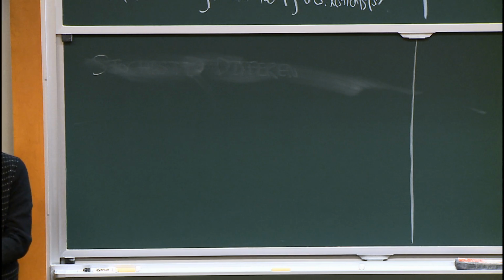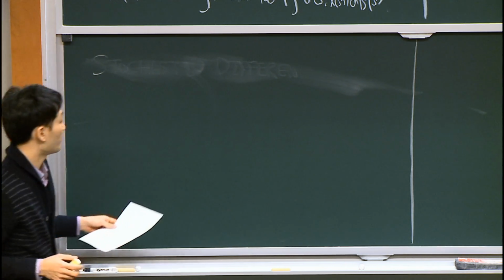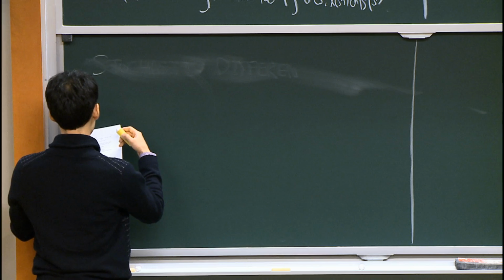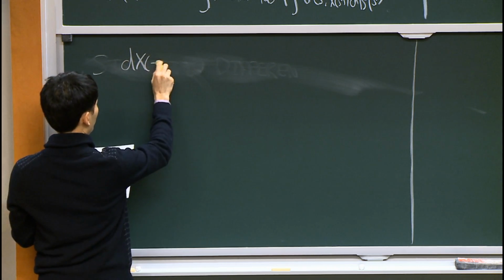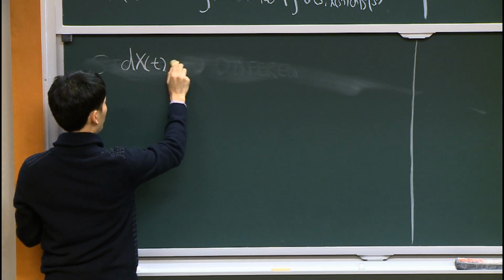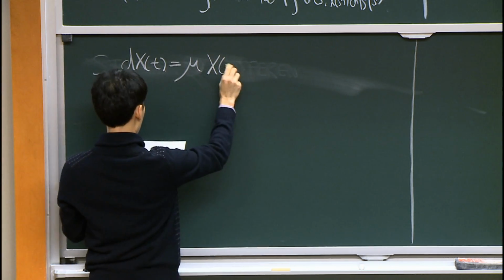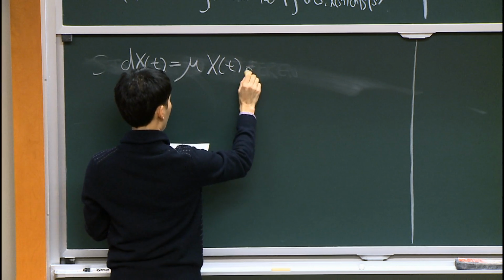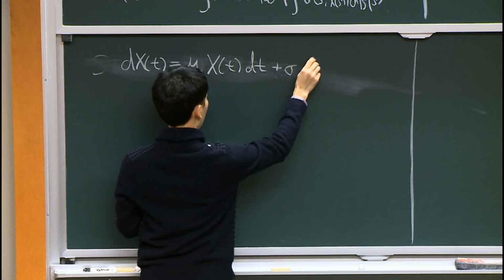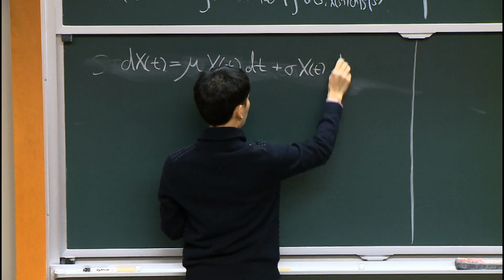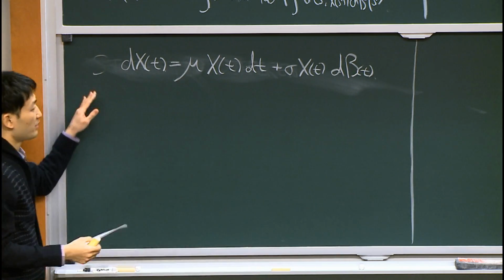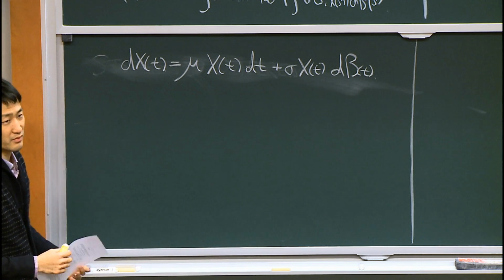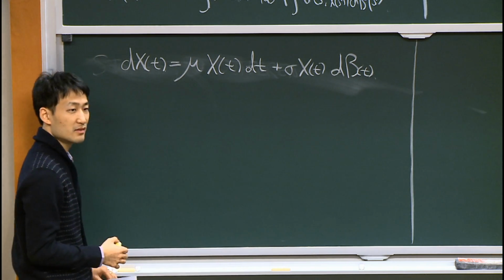Okay, so let's work out some examples. Here is one of the few stochastic differential equations that can be solved. This one can be solved, and you already know what x is.